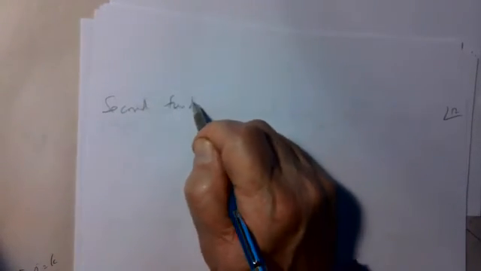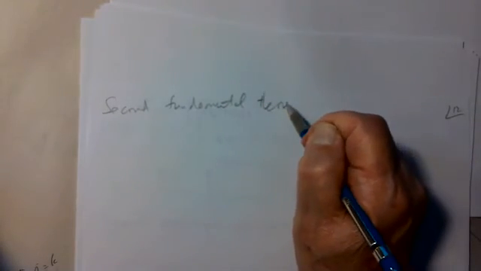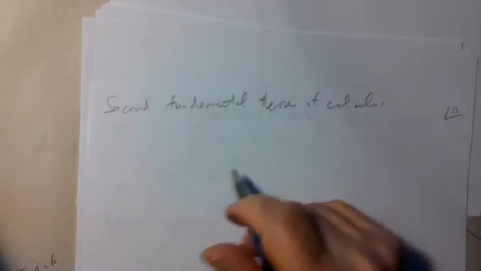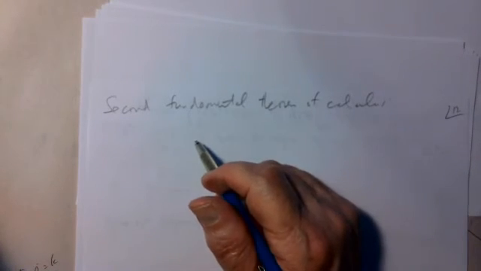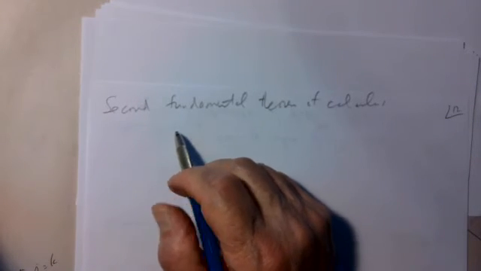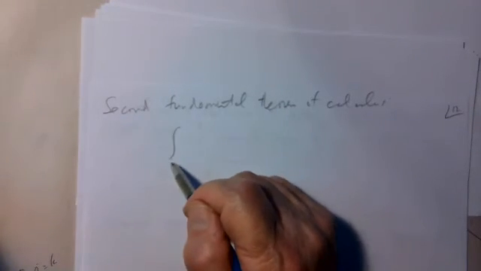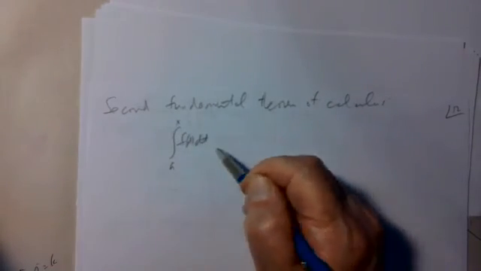And now we can prove what is often called the second fundamental theorem of calculus. Suppose we let x be a variable and consider the integral from a to x of our function f of t dt.